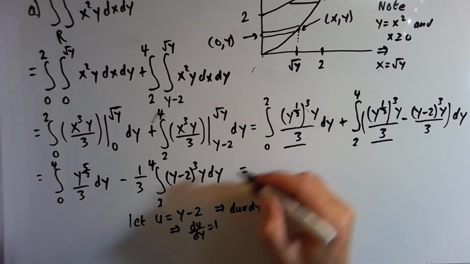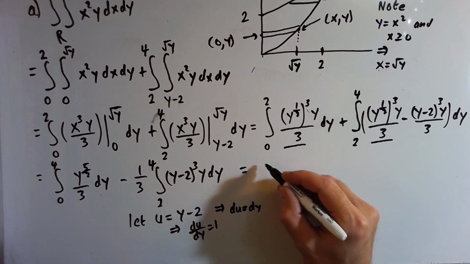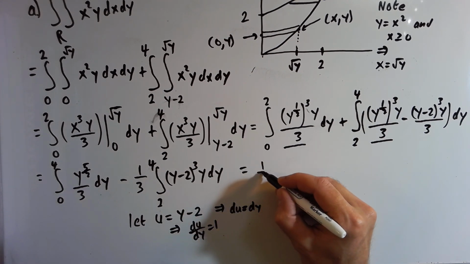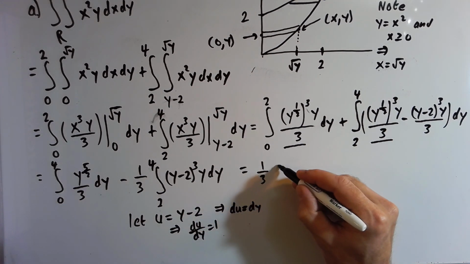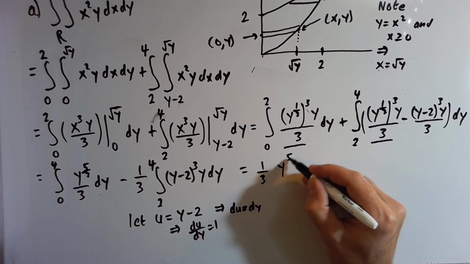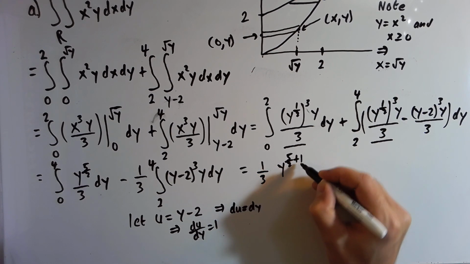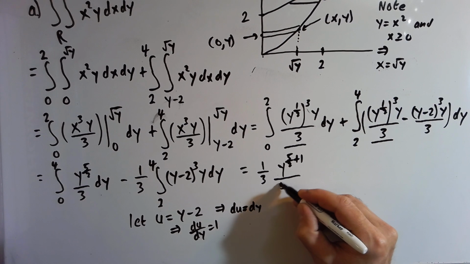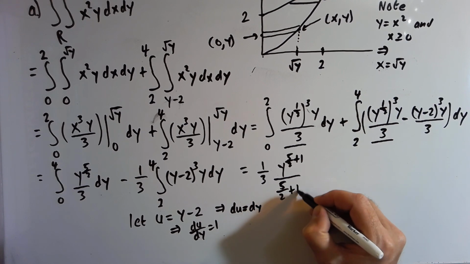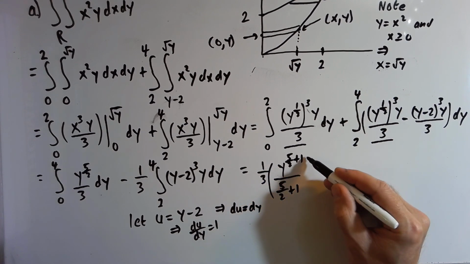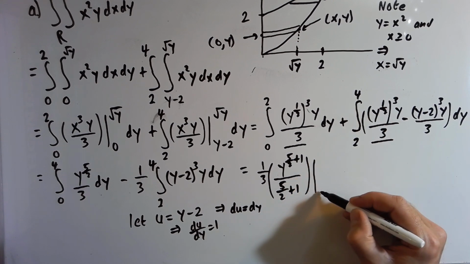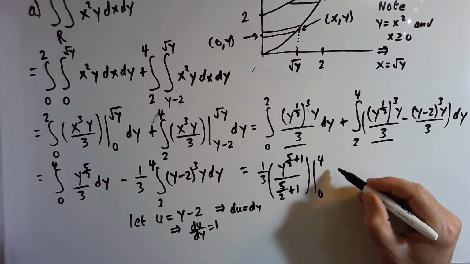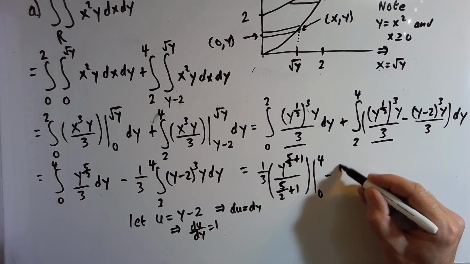I'm going to make that substitution on this first integral here. I'm going to pull the 1/3 out, but integrating this, it'll be y to the 5/2 plus 1 over 5/2 plus 1, from 0 to 4, and then a minus 1/3.